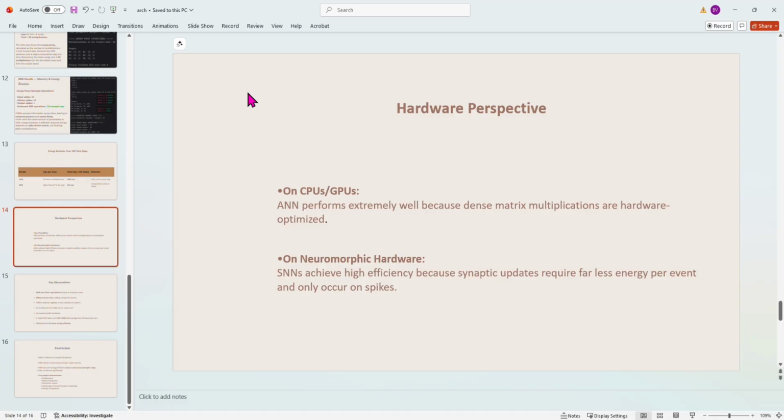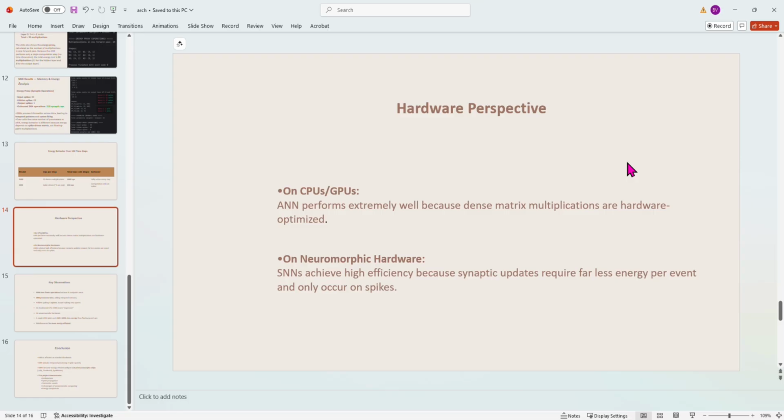So on CPUs and GPUs, ANNs work extremely well because their processors are optimized for dense matrix multiplications. ANN activates every neuron every step, and that matches the hardware design perfectly. While on neuromorphic hardware, SNN becomes far more efficient.